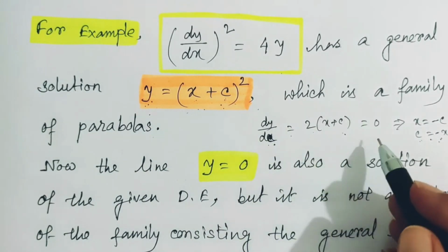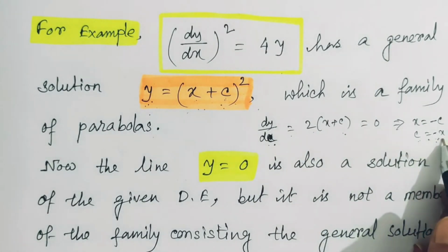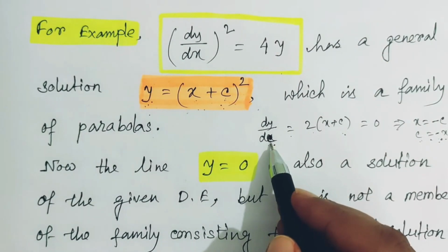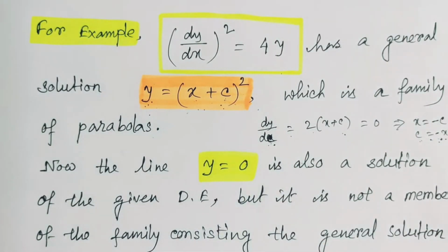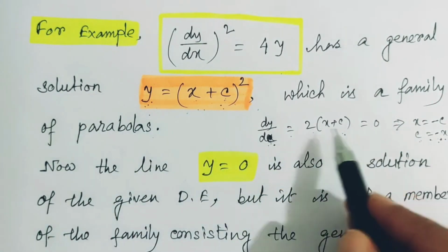If we equate it to 0, it gives us c = -x. Now we should verify whether for this particular value y is maximum or minimum. Very simple, we take the second order derivative. If it is less than 0 then it is a maximum, if it is greater than 0 then it is a minimum. We find here that it gives the maximum value for y.